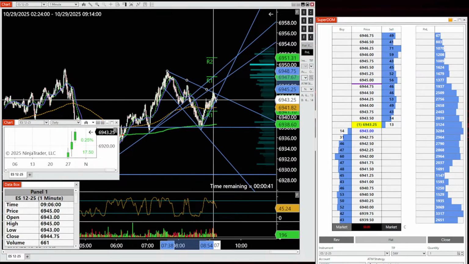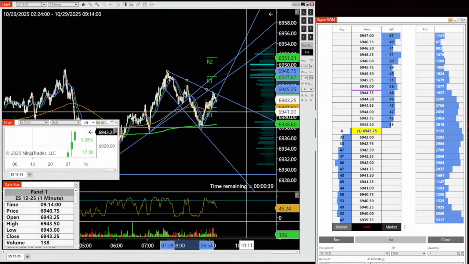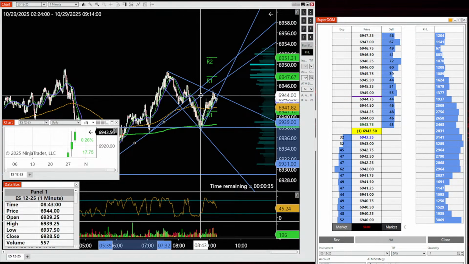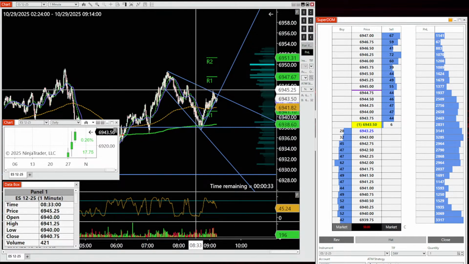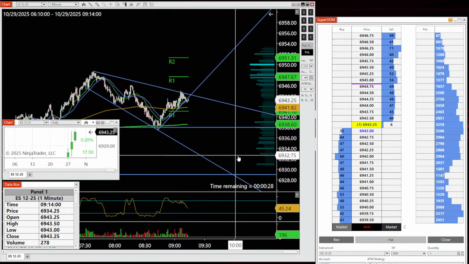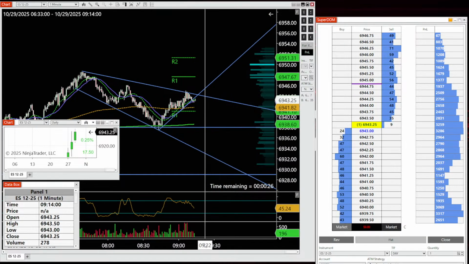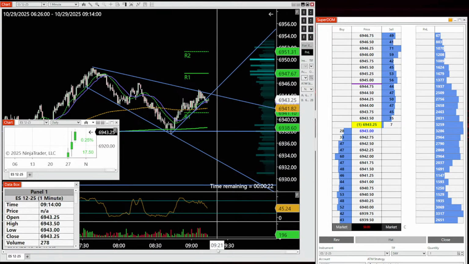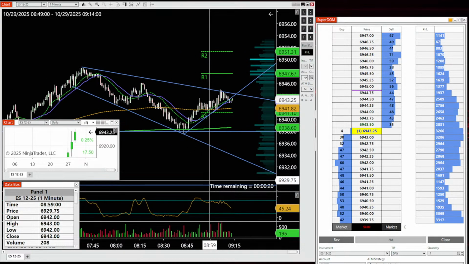We may go a little bit over if we want to get up to like 54. May have to give it some time to move across.